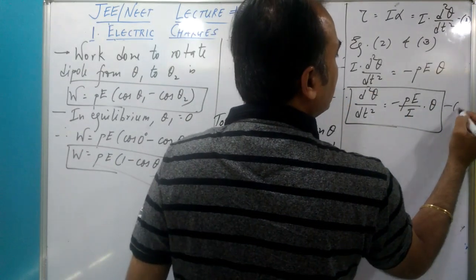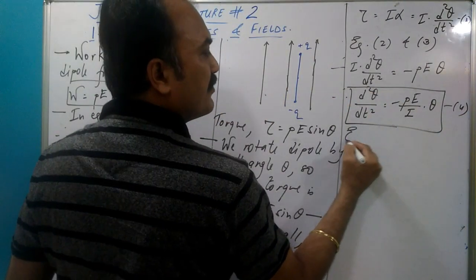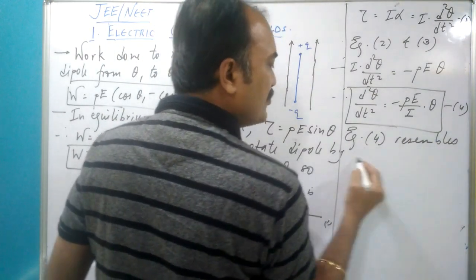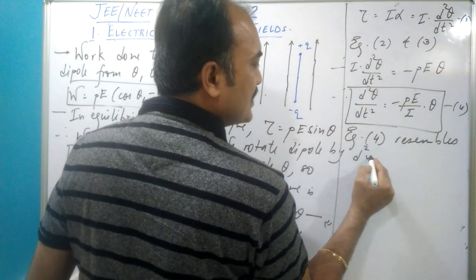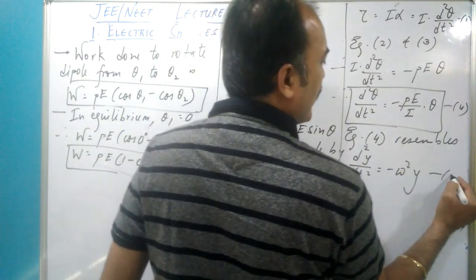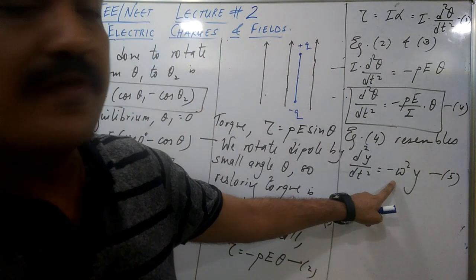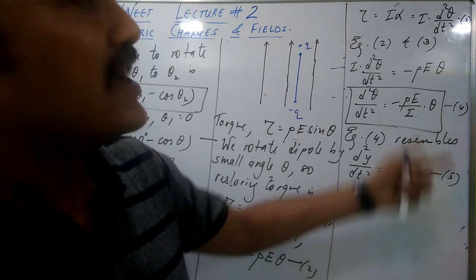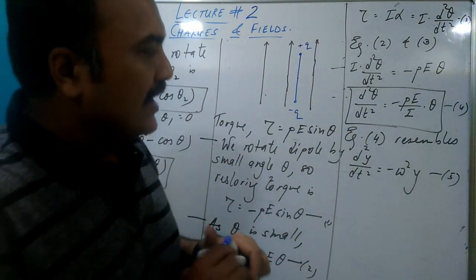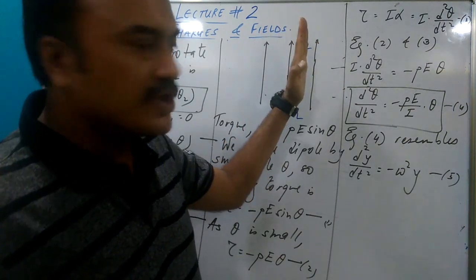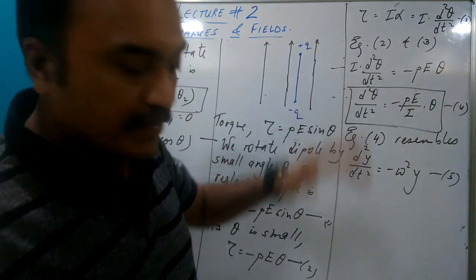Take a good look at this equation, equation 4. It resembles, I'm sure you've seen it in standard 11, d square y by dt square is minus omega square y. This was the differential equation for simple harmonic motion, which proves that our dipole here is going to perform simple harmonic motion about this equilibrium position.